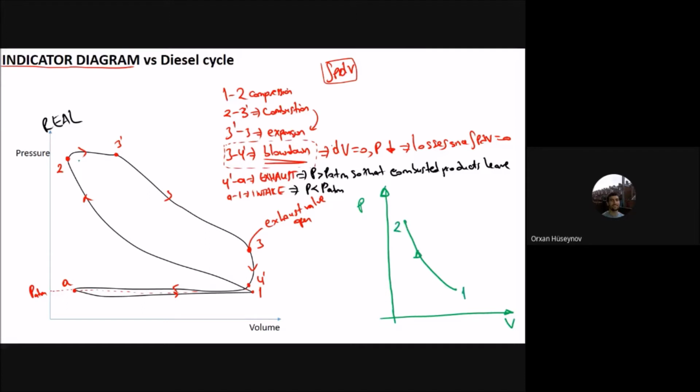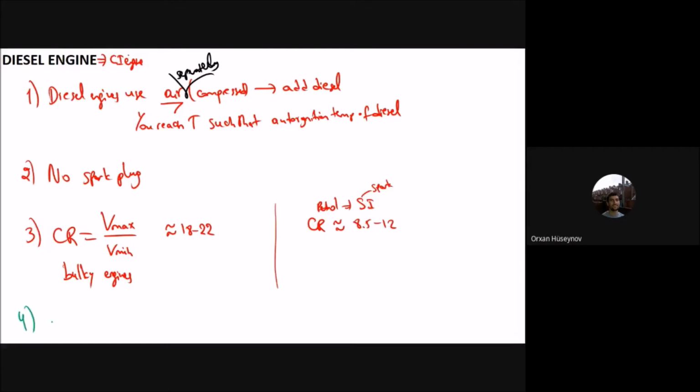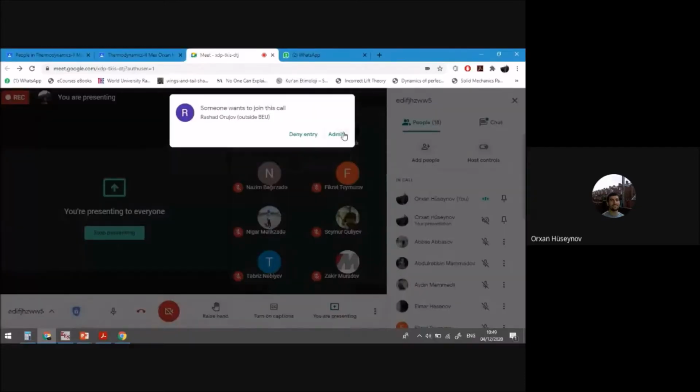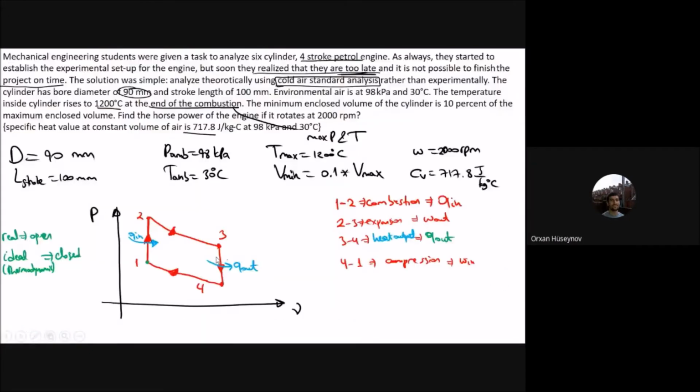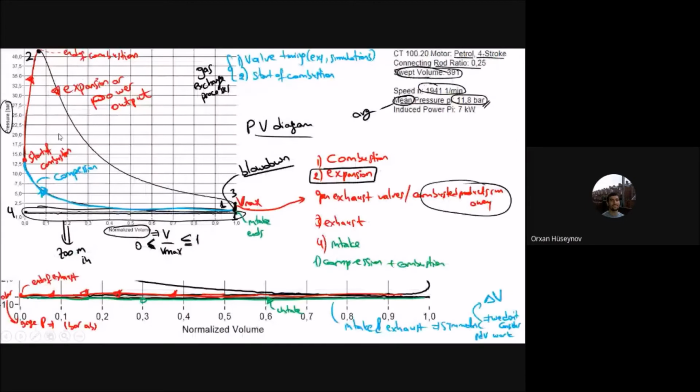Okay, but from 2 to 3, this is the main difference between the petrol engine and the diesel engine. For the diesel engine, combustion happens at constant pressure. For the petrol engine, you can see that combustion happens at constant volume.